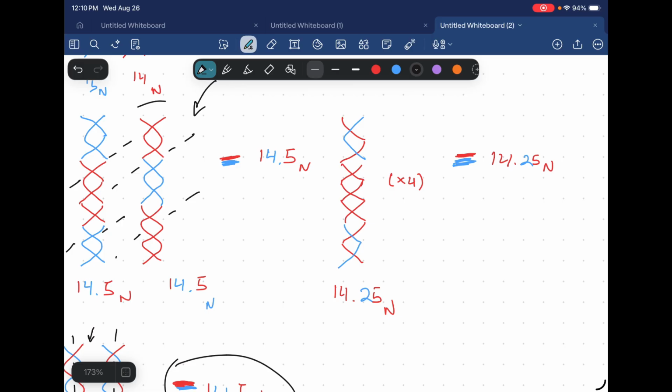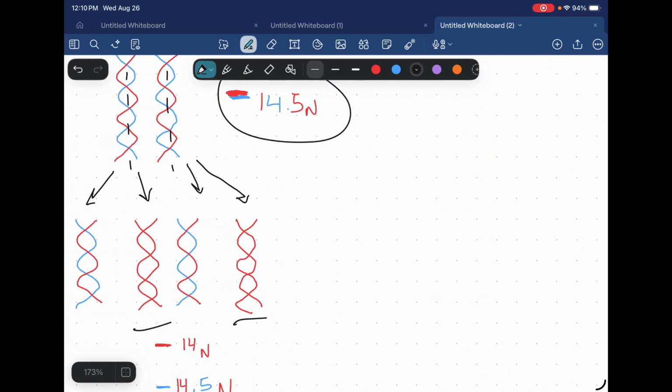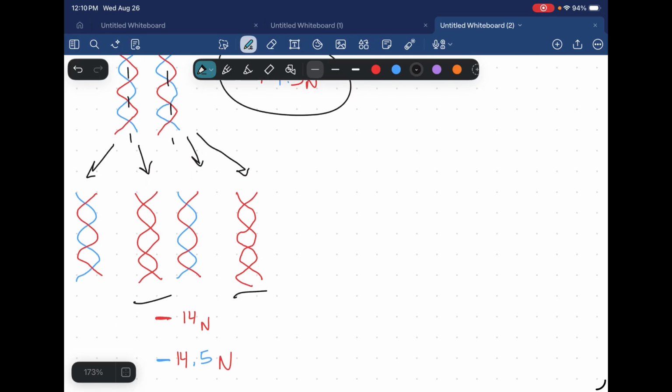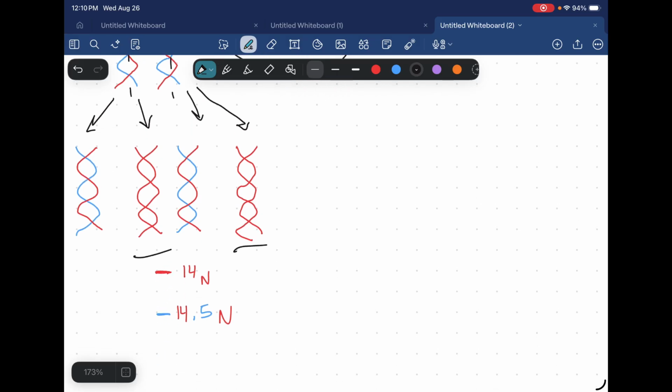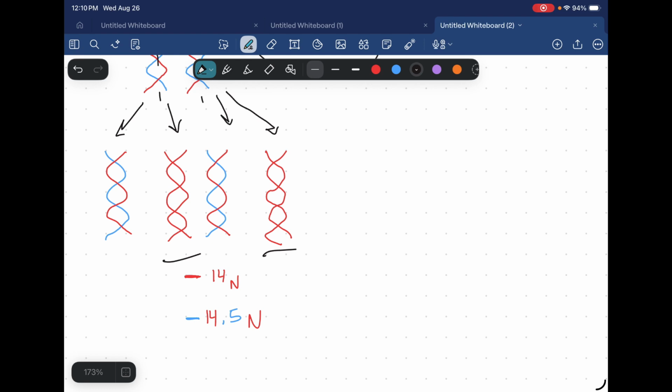Instead, Meselson and Stahl observed two distinct populations of DNA: hybrid DNA containing 15N and 14N, and completely light DNA containing only 14N. Therefore, the results supported the semi-conservative model of DNA replication.